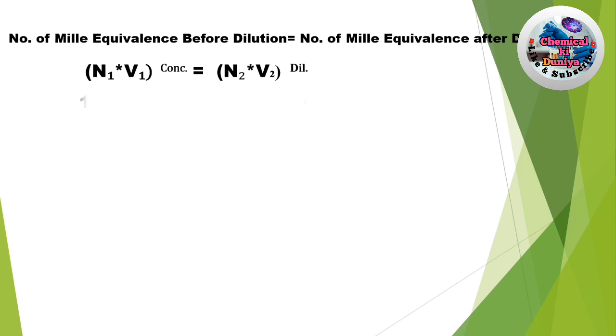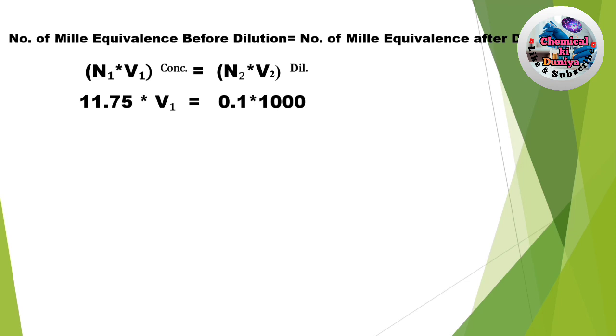Now let's suppose we want to make 0.1 normal HCl in 1000 ml of distilled water. So N1 is the normality of HCl from which we have to make 0.1 normal HCl. We get N1 is equal to 11.75.